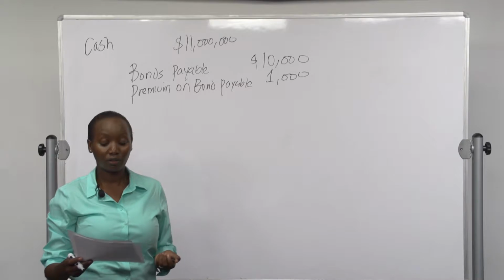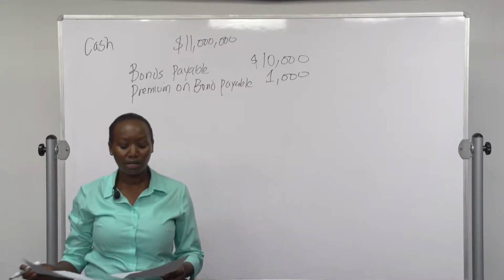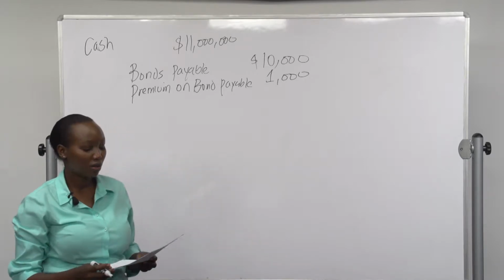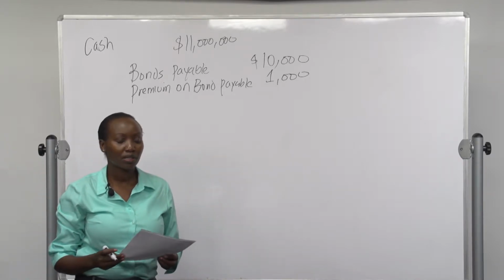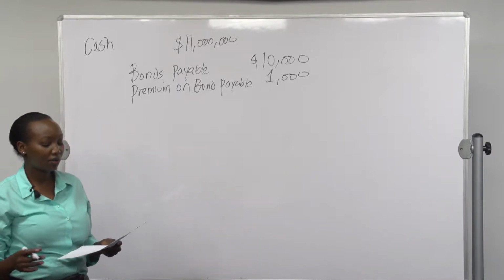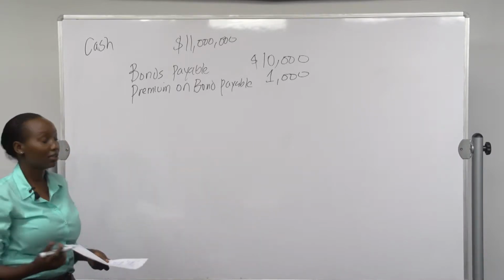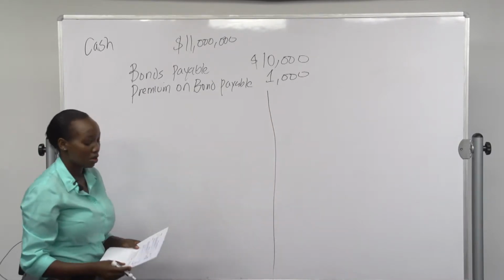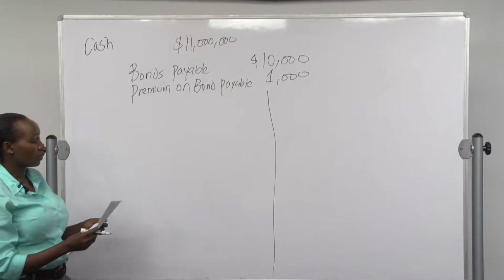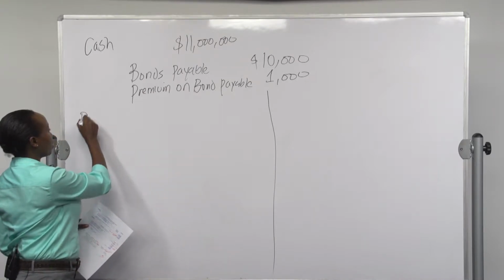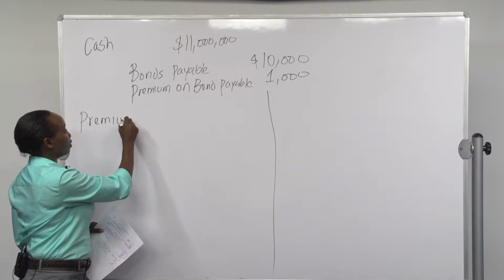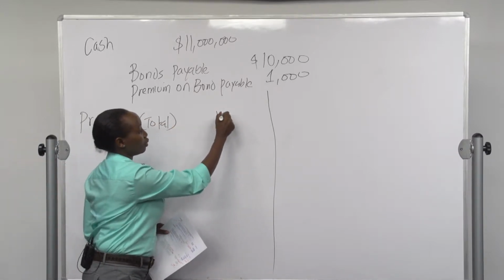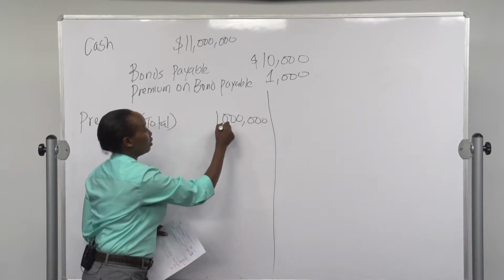To do that, let's first figure out the amount of premium that's related to the debentures that were exercised. We start with the total premium, which was $1 million.